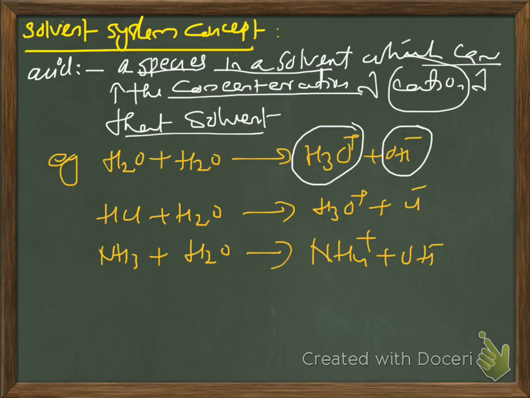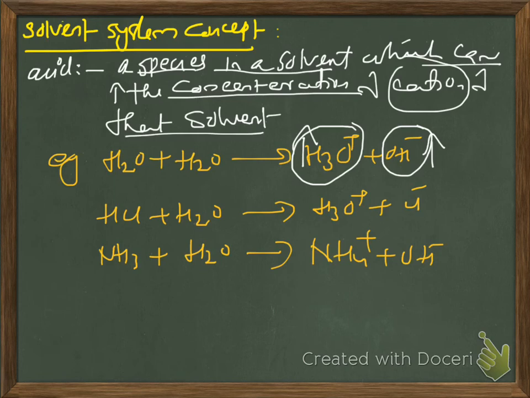Now when we put a compound into water, if that compound is capable of increasing the concentration of H3O plus, then that compound is an acid. If that compound is capable of increasing the concentration of OH minus, that means the anion of the solvent, then that compound is considered to be a base.